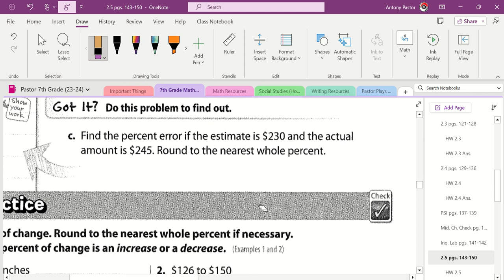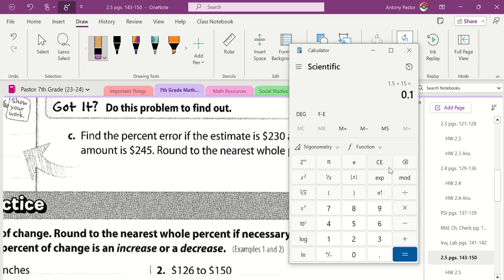Find the percent error if the estimate is $230 and the actual amount is $245. The difference between the two is 15. 245 minus 230 gives me 15. Now remember, we put the difference as the numerator, and we divide it by the actual price, which is 245.